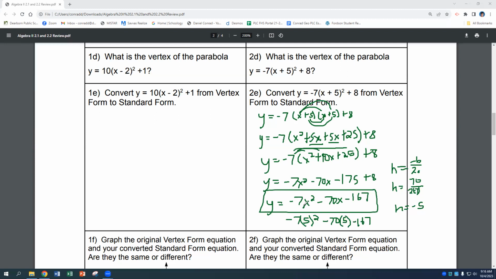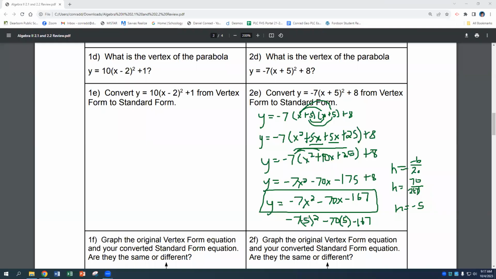Oops, -5. That's where we're wrong here. Sorry, -5. H is -5. So there, if we put that in, then we get 8. So then you get -5, comma 8, which is the same vertex we got up here, -5, comma 8. So these are going to give us the same graph.